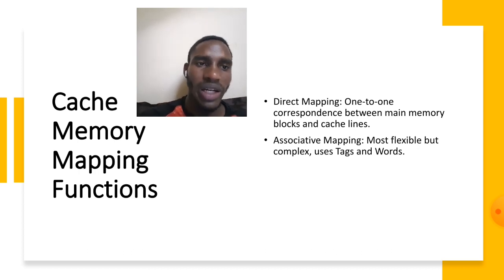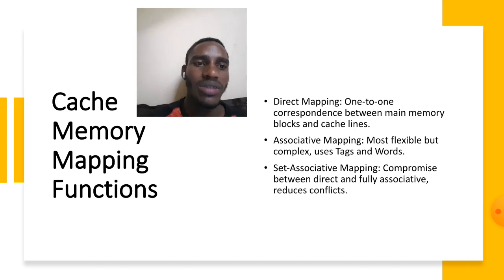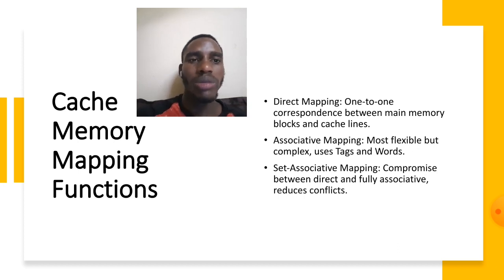Next is the set associative mapping technique, and this is a compromise between direct and fully associative mapping. Here we break the cache lines into sets. Blocks are assigned into those sets in a manner similar to associative mapping, because it is random.